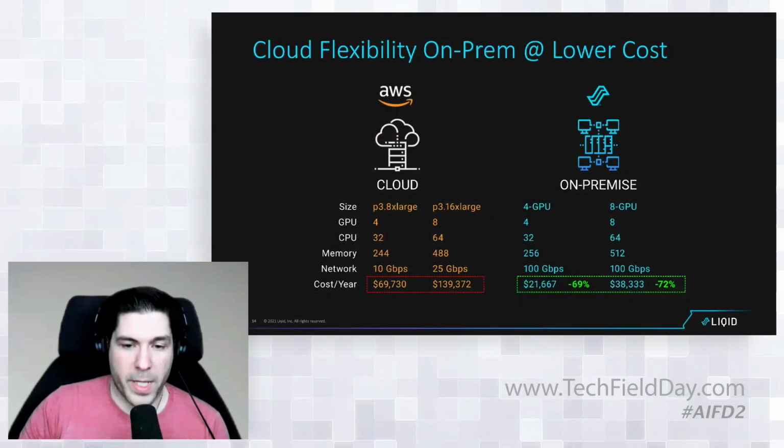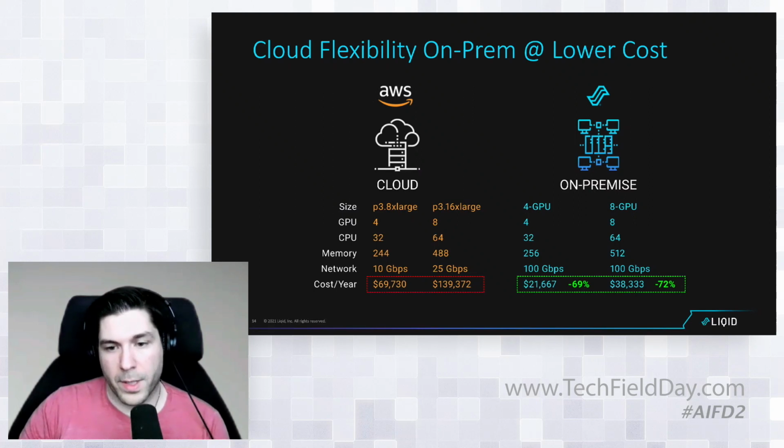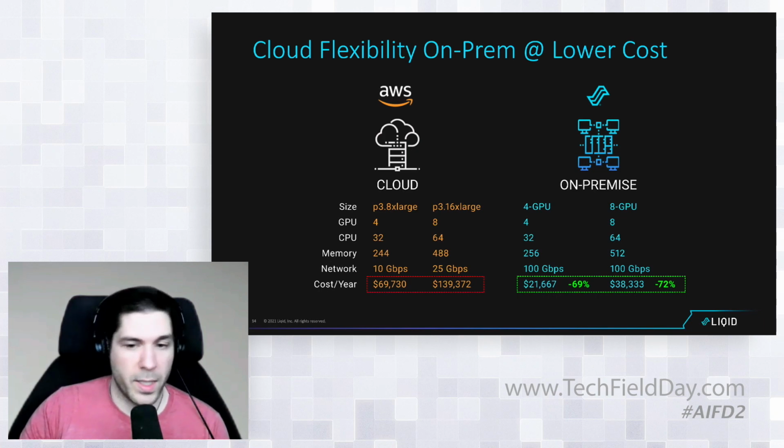We talked about this a little bit already. I think most people are aware the cloud is relatively an expensive luxury when it comes to training. For inferencing, if your workload fits there and they can provide the resources you need, that's pretty great. But definitely for training, there's a huge cost delta between building an on-premise system and heading to the cloud.